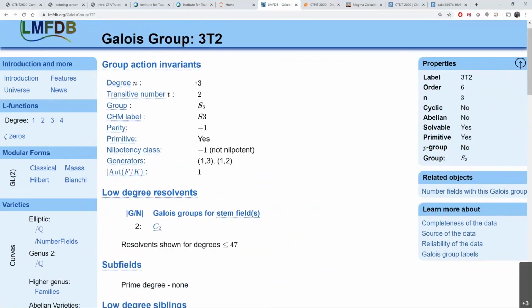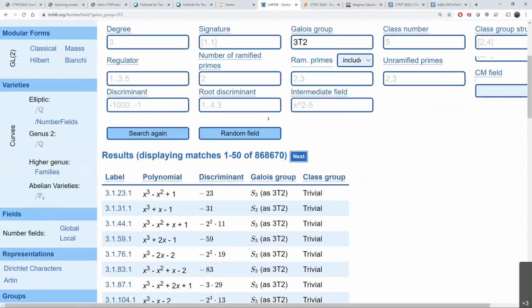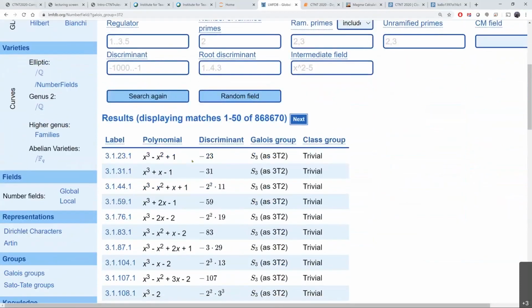And we can actually look in the database. We can look at number fields with this Galois group. So if you want to find a number field that has S3, here it is. Well, we already found one before, but here it comes again in this list.